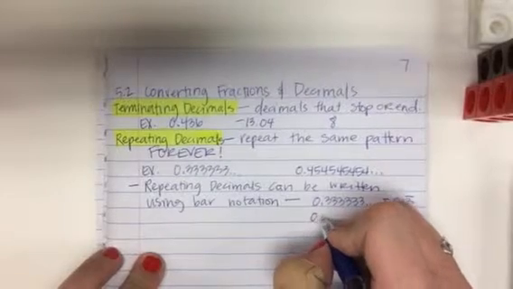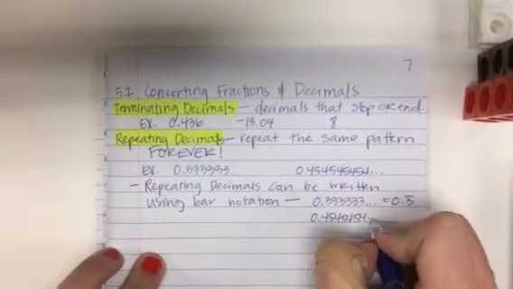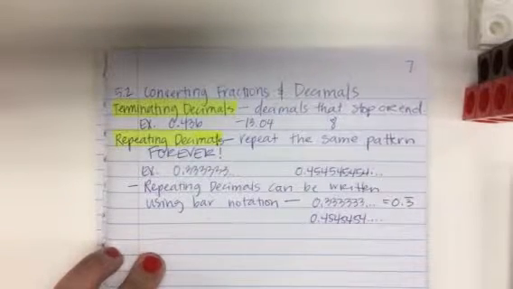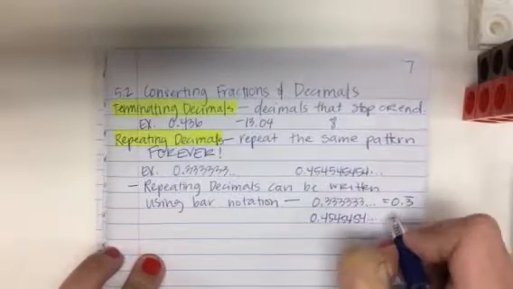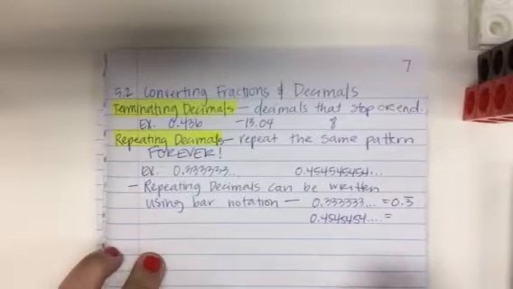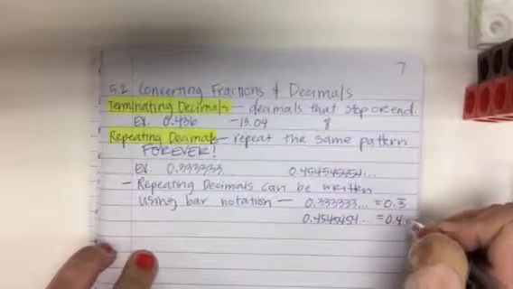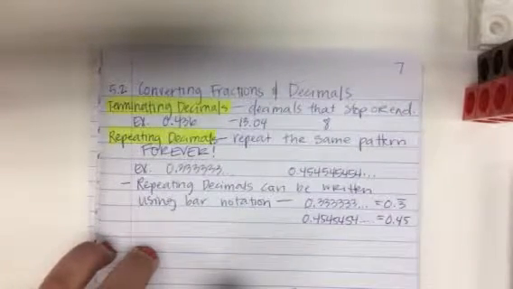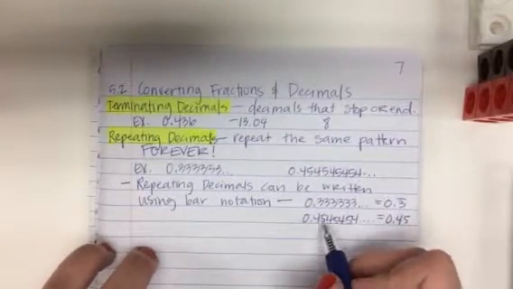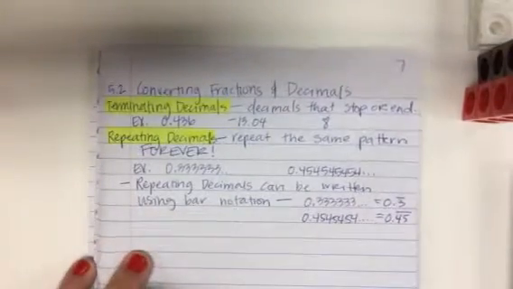Instead of 0.4545454..., how would you write that one? Jesus? 0.45, because the 45 repeats, right? And the line goes over what repeats.